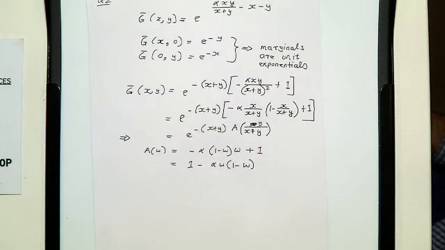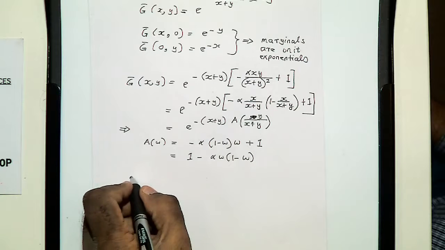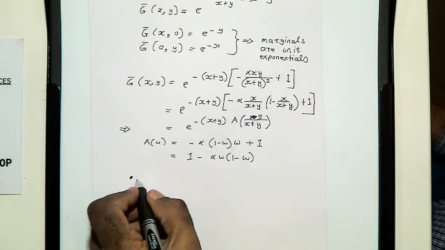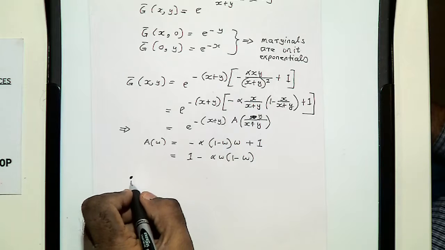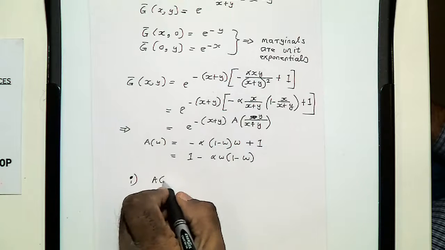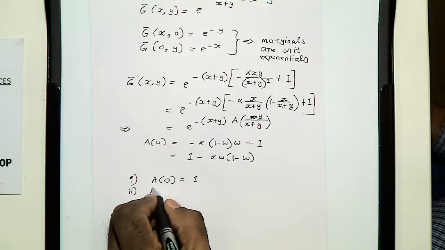Now we need to check whether this function satisfies the 4 conditions. Number 1, A of 0 must be 1. Number 2, A of 1 must be 1.